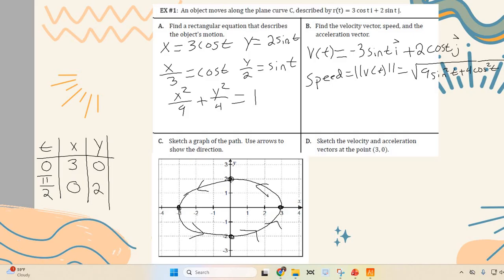And if it asks for the speed at time 4, then we're plugging in 4, or whatever it asks you for. What about acceleration? Derivative of our derivative. So we get -3 cosine t i, and now it's going to be -2 sine t j.